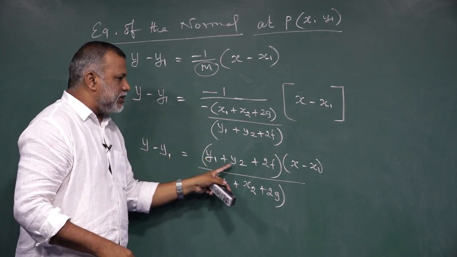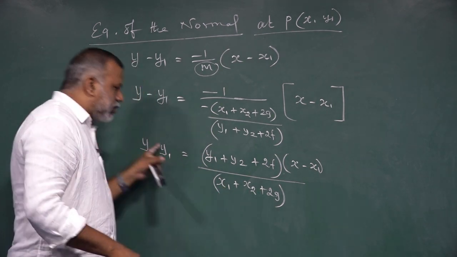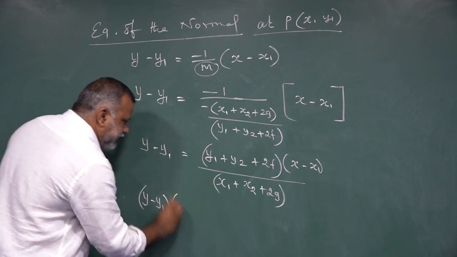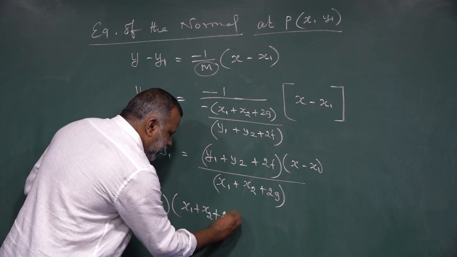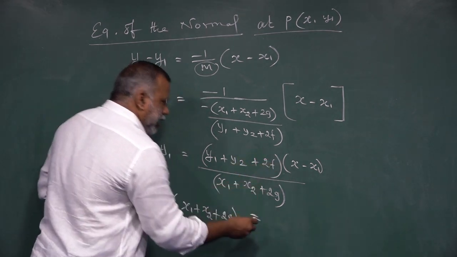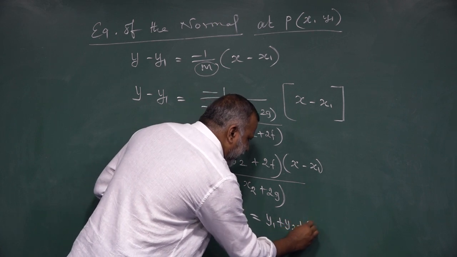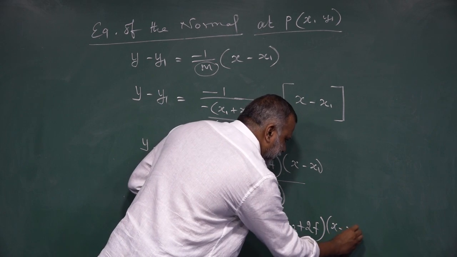We get (y1 plus y2 plus 2f) divided by (x1 plus x2 plus 2g). Now we can cross multiply this one. Therefore, (y minus y1)(x1 plus x2 plus 2g) is equal to, on your RHS, (y1 plus y2 plus 2f) multiplied with (x minus x1).